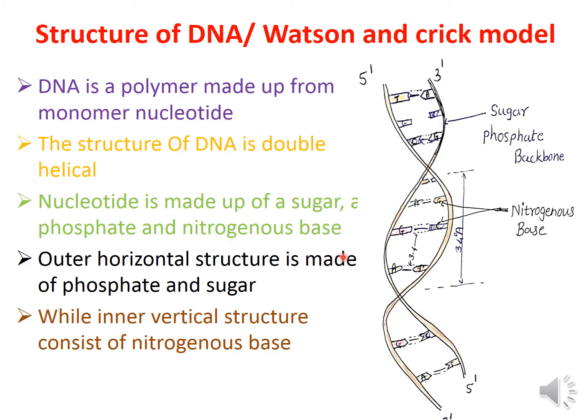The structure of DNA and the Watson and Crick model are the same, because the structure of DNA was proposed by Watson and Crick. These are the two scientists who proposed the structure of DNA. Before that, there was only imagination that DNA is a very complicated structure made up from many nitrogenous bases, but the actual structure was proposed by the Watson and Crick model.